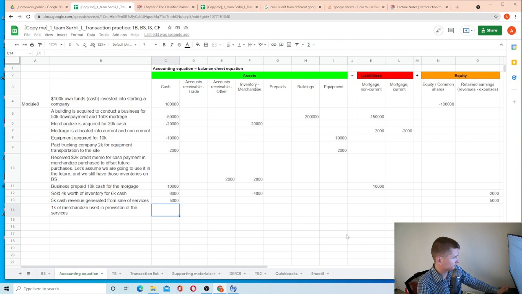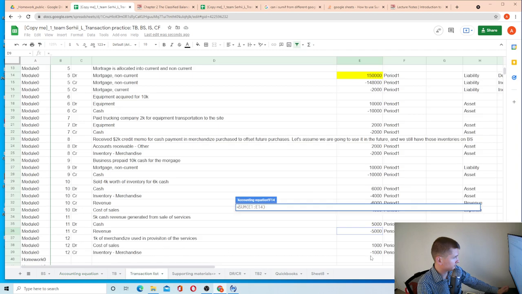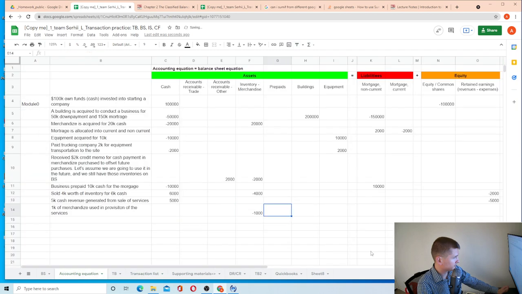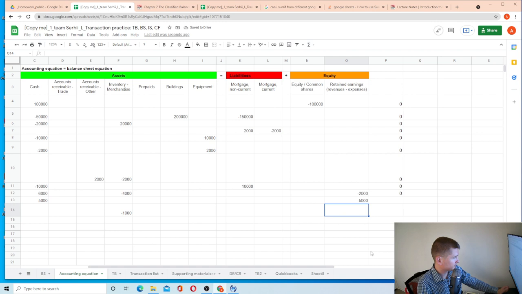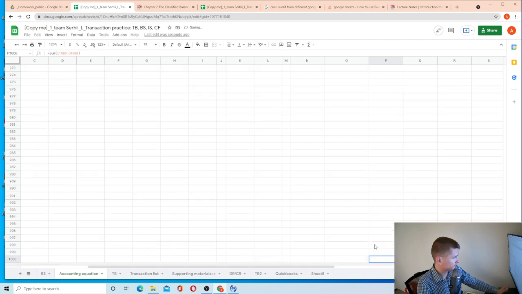So we just book revenues and expenses directly to equity. 1,000 of merchandise used in provision of services, that will be credit to inventory, and debit goes directly into retained earnings. So that's basically it.